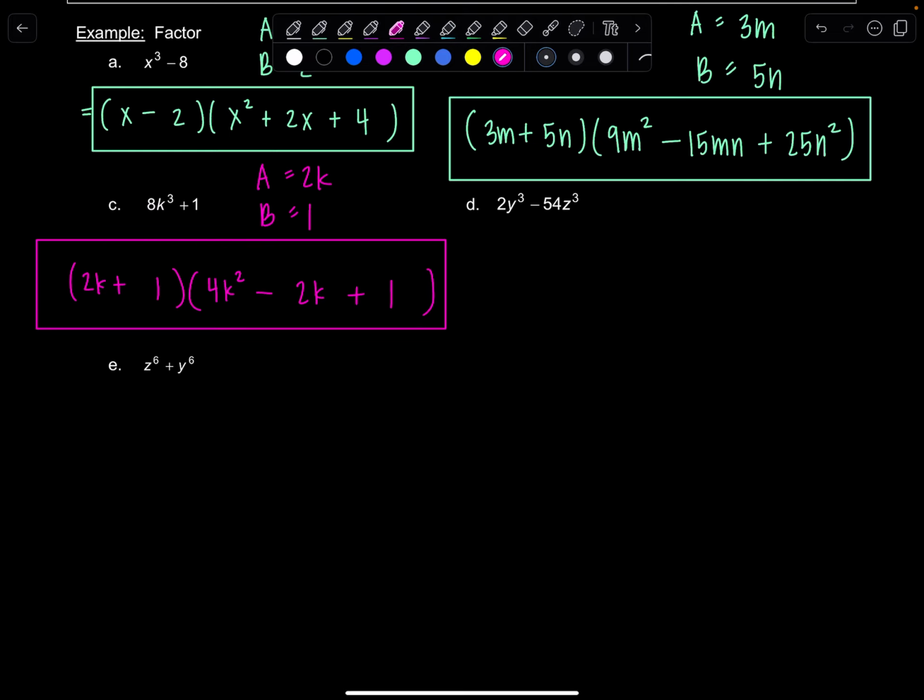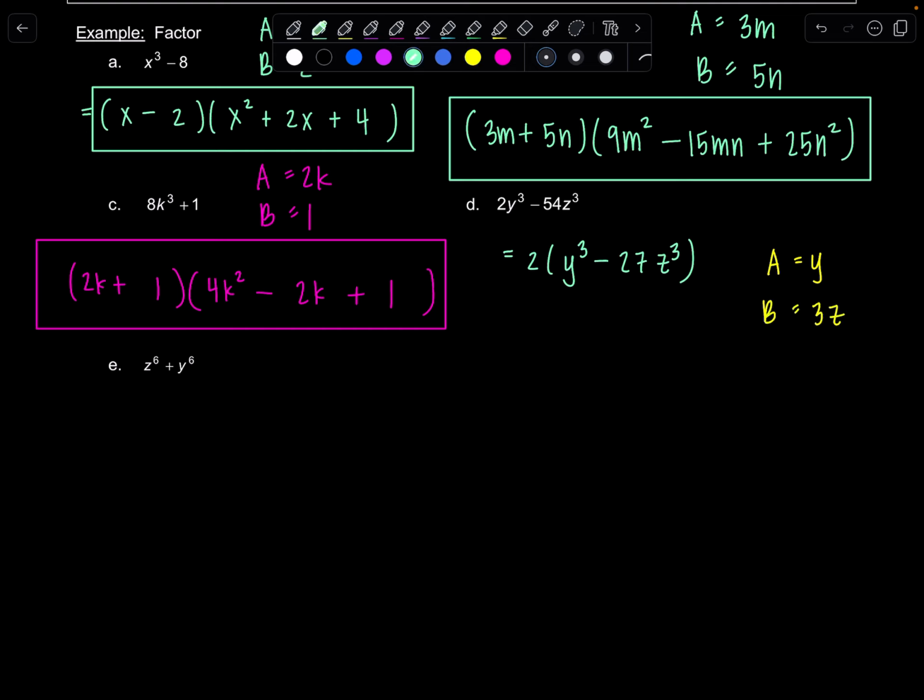This one might be scaring you for a minute, but don't be scared. You might say there is no cube root for 2y cubed that comes out nice, nor is there one for 54. You're right. You've got to factor out the GCF first. So take a 2 out, then this is y cubed minus 27z cubed. Now each is a perfect cube. So a is y and b is 3z.